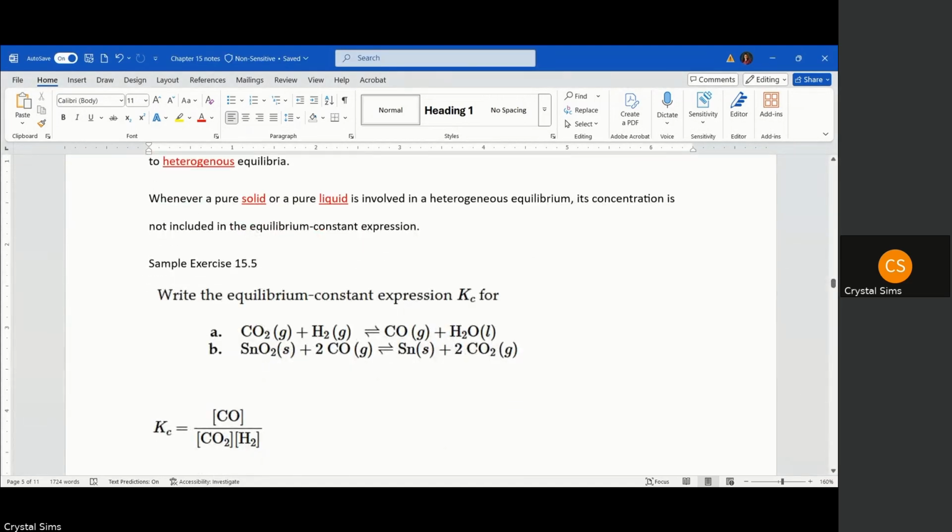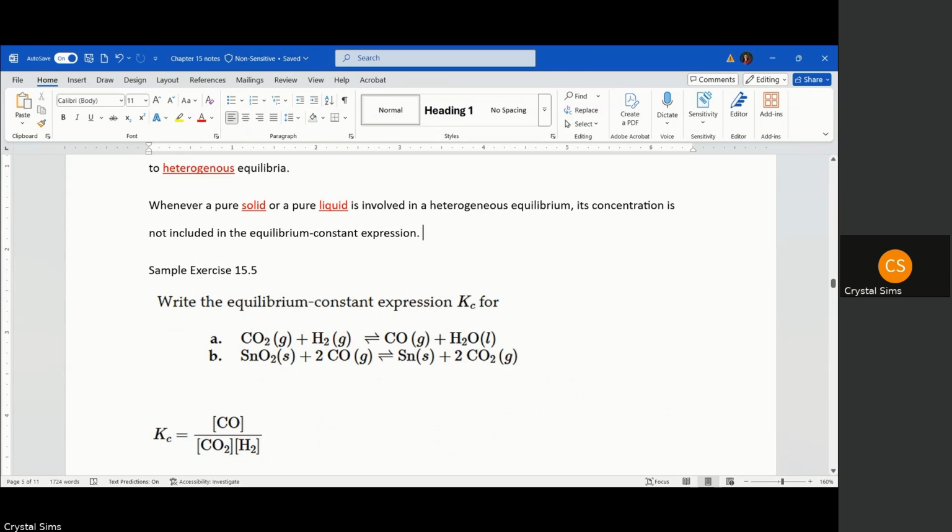So when we look at that first one, this is what we have. When we get rid of water and don't consider it in our expression, we only have the carbon monoxide on top, because it is our only product that's left, and then both of our reactants here are on the bottom.